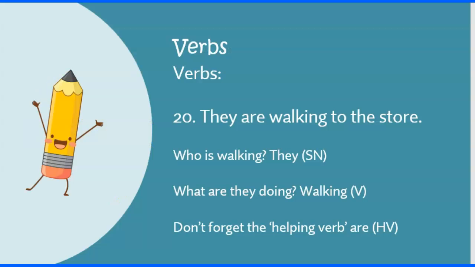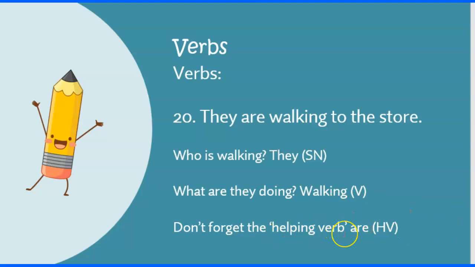All right, the next one is verbs. We all know verbs pretty well, just like subject nouns. And so our sentence is, they are walking to the store. Well, we want to ask the question, who is walking? They. That's the subject noun. What are they doing? Walking. That's our verb. And so we would mark those, but don't forget the helping verb.